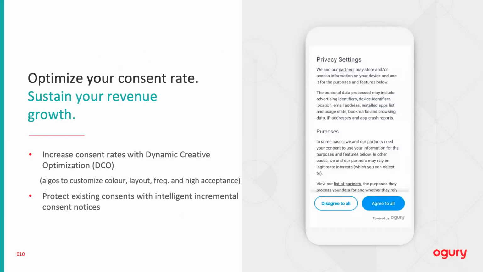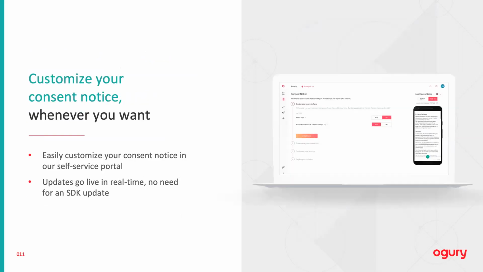We also provide intelligent incremental consent notices. We also give you the ability to customize your consent notice whenever you want, and you'll see this when Robin presents the dashboard to you in terms of the TCF2 version in practice. Any updates you make will go live in real time, so you don't need to update an SDK or worry about that.